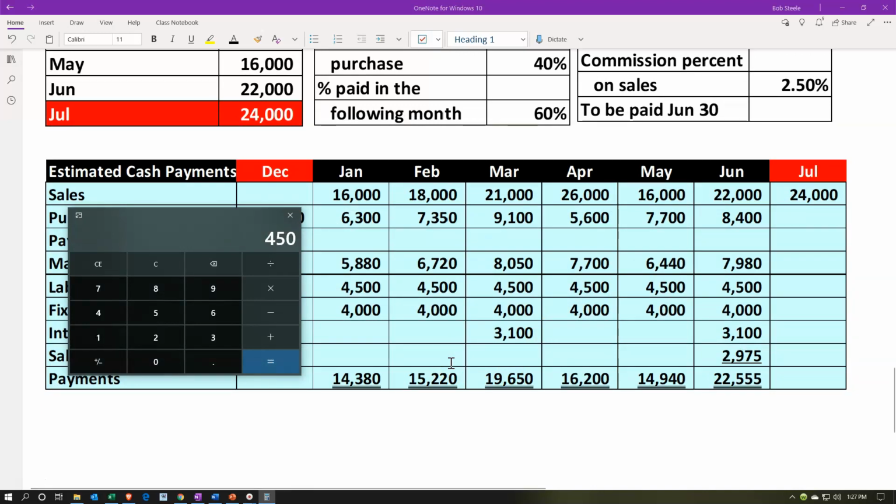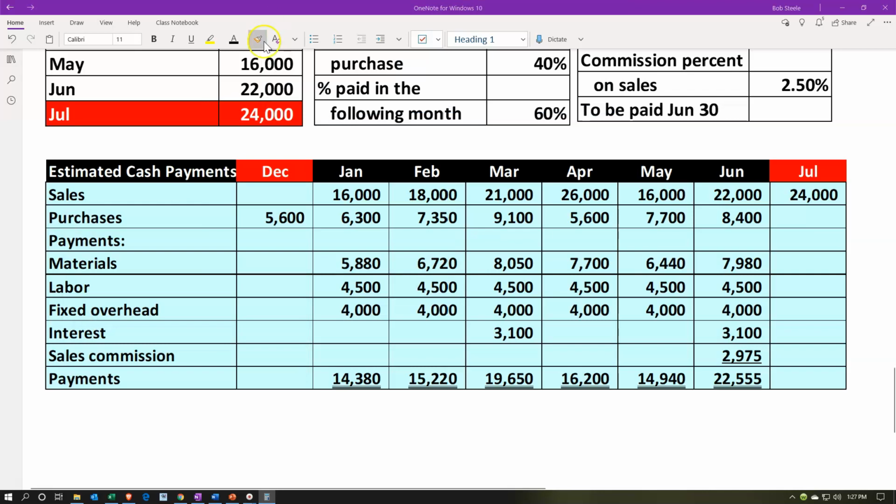But in a cash flow statement, we didn't pay them until June, and therefore we pay the whole amount here in June. And then, of course, we would add these items up, the 5,880, the 4,500, the 4,000, adding all these columns up, and that's going to give us basically the payments that we'll have from January through June.